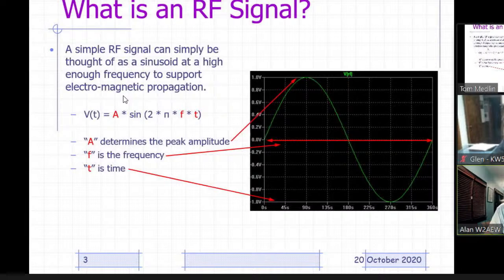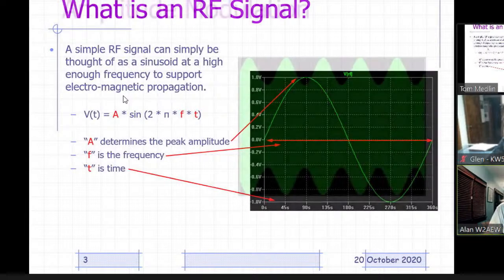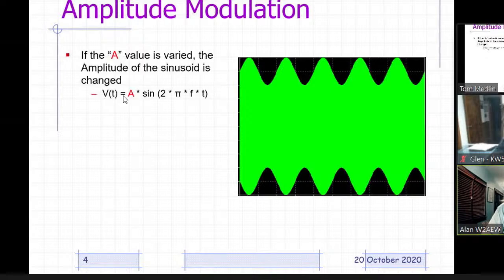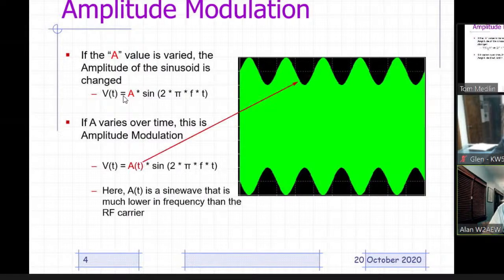We're going to show you in a minute why we talk about the basics of this. If we slow the scope way down and look at the RF envelope, we've got a high frequency sinusoid running up and down inside this picture. Now if that parameter A on the sine wave is varied over time, you essentially can amplitude modulate the RF signal.